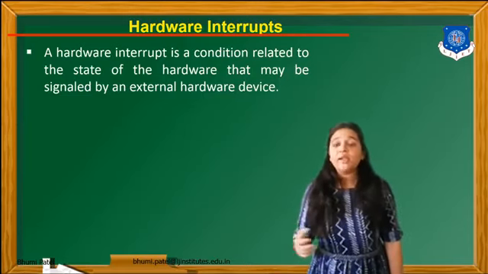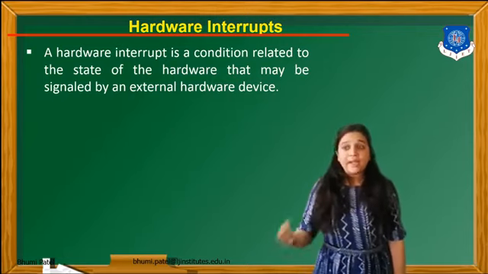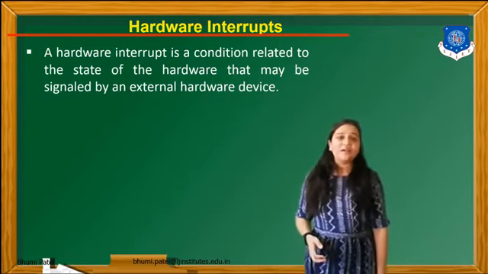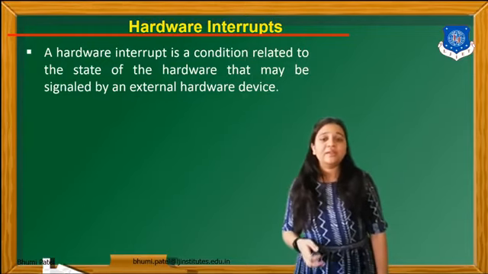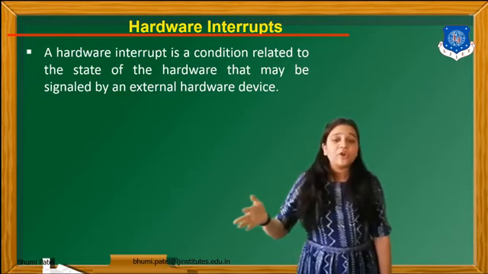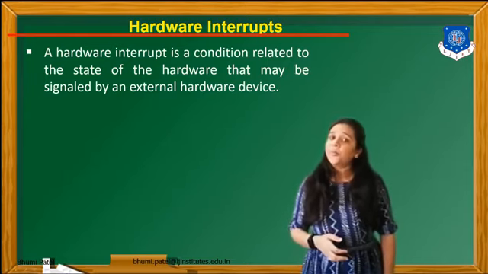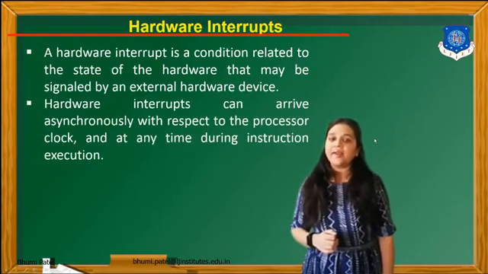If we connect the hardware to the PLC software, different conditions are there. We can use the 0-1 state, we can use the continuous state, depending upon the signal from an external hardware device.